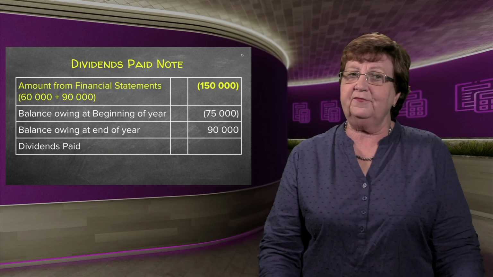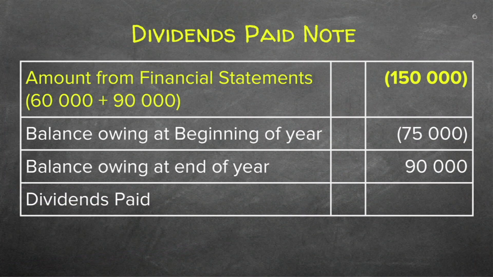Right, I'm back in my dividend note, and again I'm referring to what's in yellow. So the amount from the financial statements is 60,000 Rand, which was my interim dividend, and 90,000 Rand, which is my final dividend. And so over here, when I've added those two amounts together, it represents 150,000 Rand.